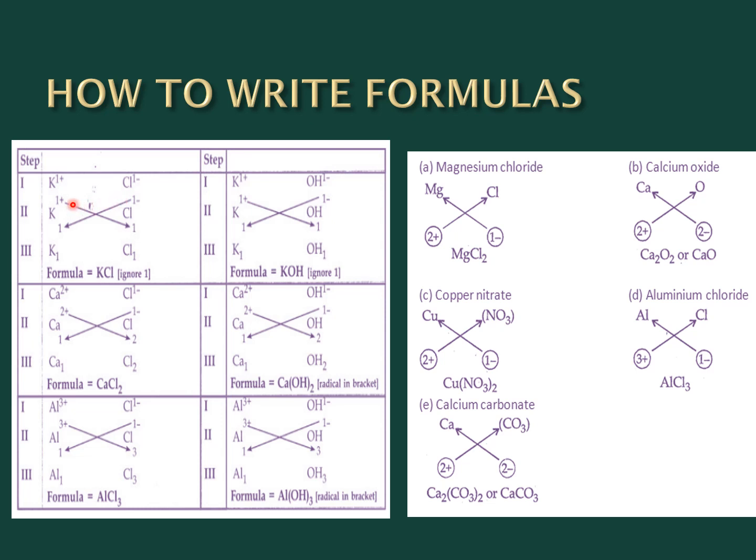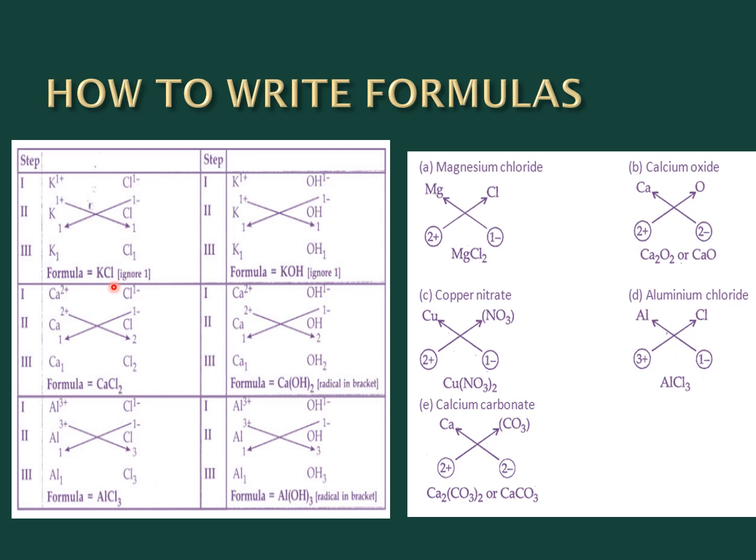Potassium's valency is +1, chloride's -1. So they are exchanging their valencies and forming K1Cl1. As both of them have 1, they dismiss each other and ultimately it will be KCl, that is potassium chloride.